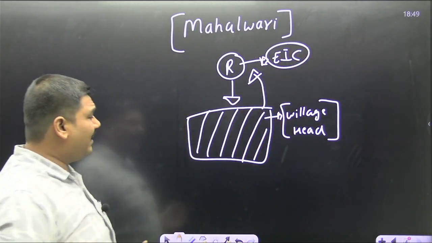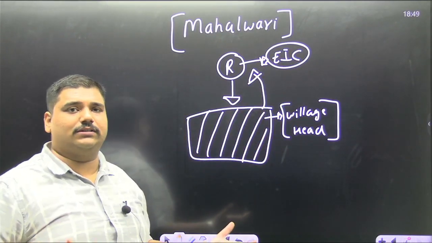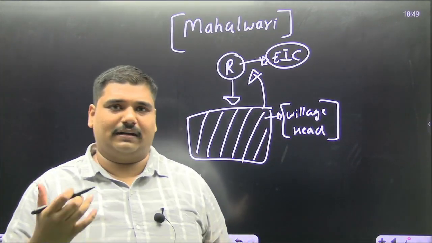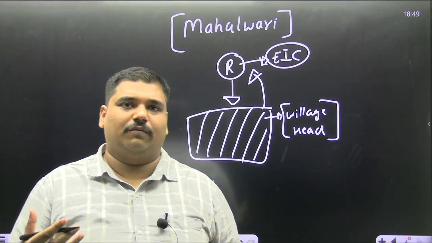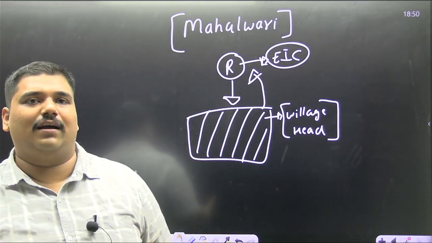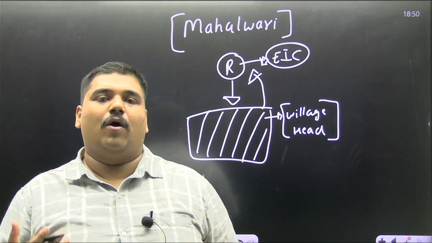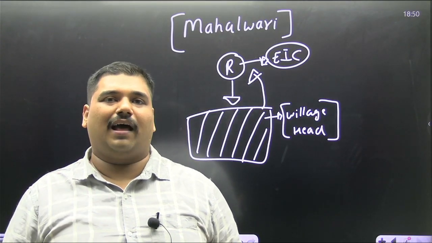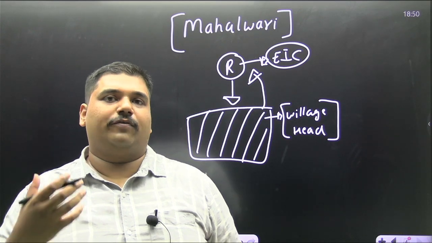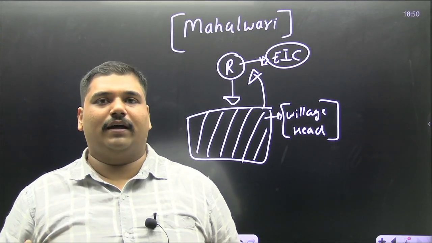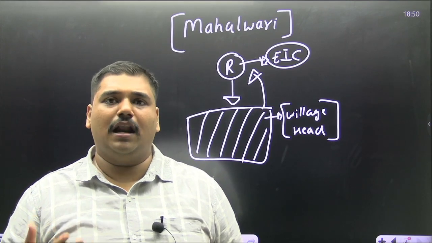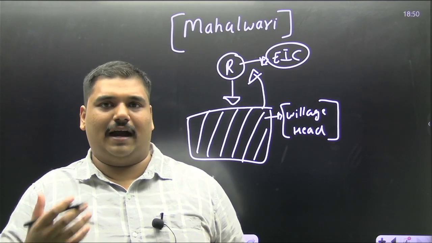So these are various methodologies or strategies of revenue settlement. In the zamindari system, we saw the land was not of the cultivators but the property of the zamindar, who was supposed to pay a fixed amount regardless of the agricultural produce or climatic adversities.